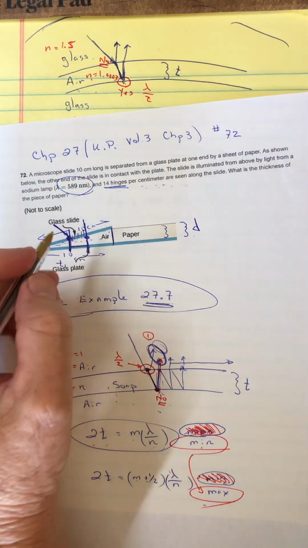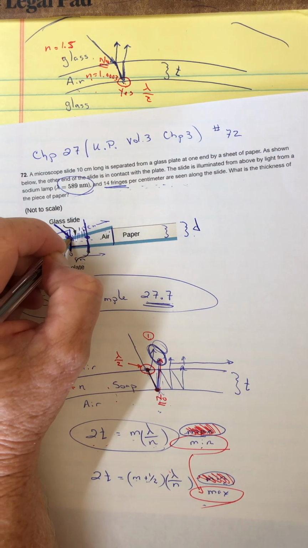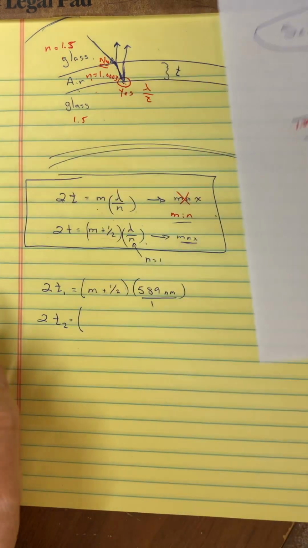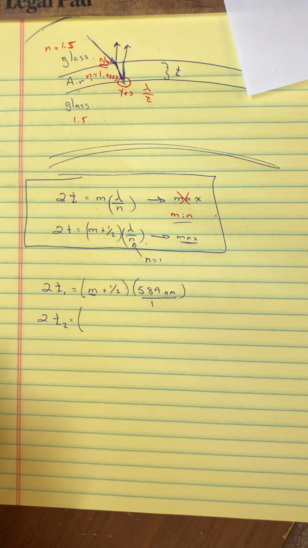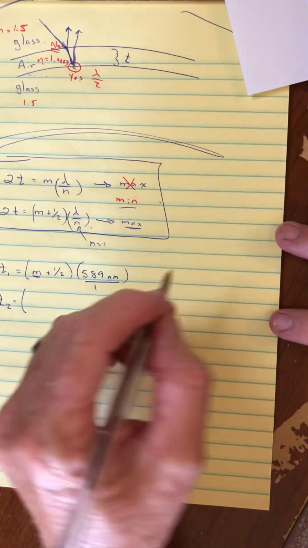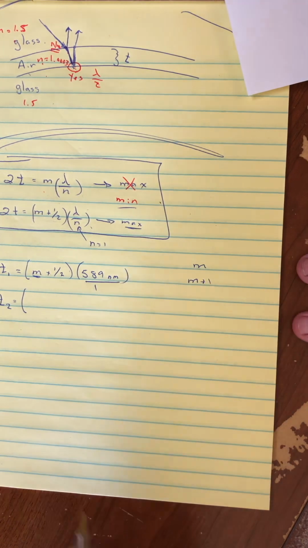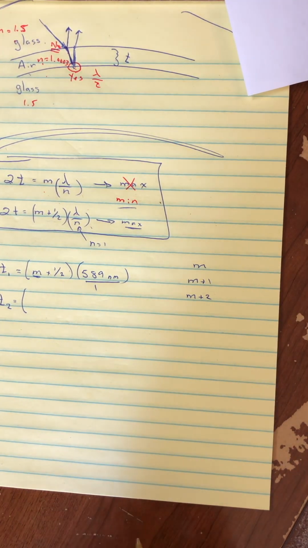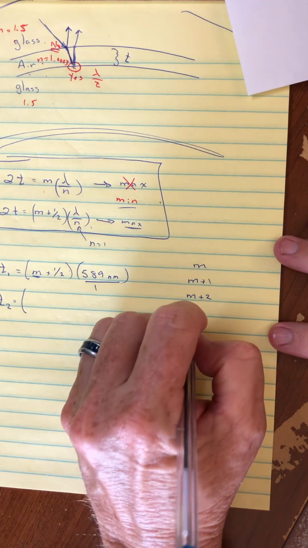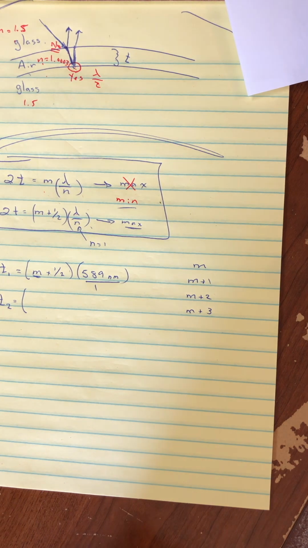So counting this as the first one, whatever M is, that's the first one. I'll make a little list over here. M is the first one, the next fringe would be M plus 1, the next fringe would be M plus 2, and the next fringe would be M plus 3.